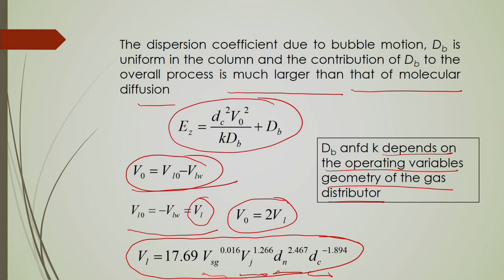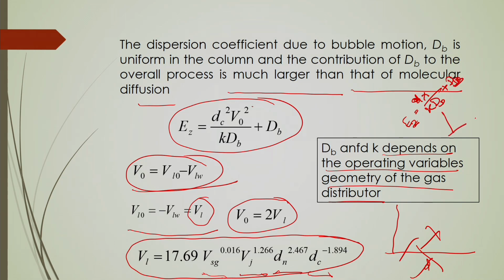Once you know the axial liquid velocity in the downflow system, if you substitute here and draw a graph with dc square V0 square on the x axis, we can define this as x, and write Ez equal to x by k dB plus dB.